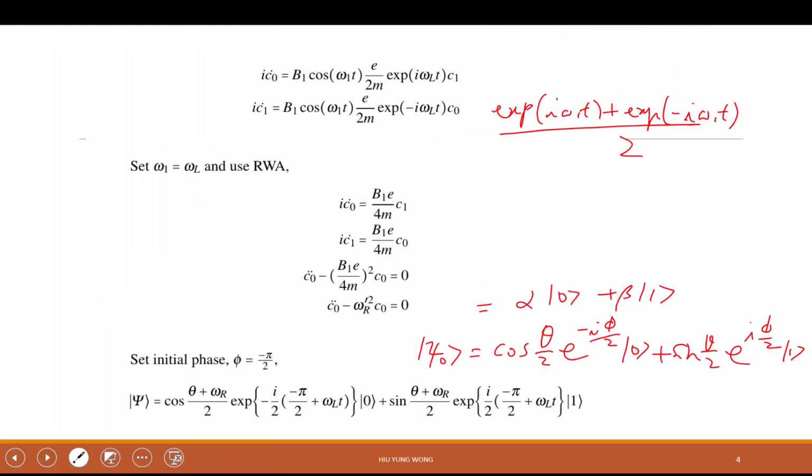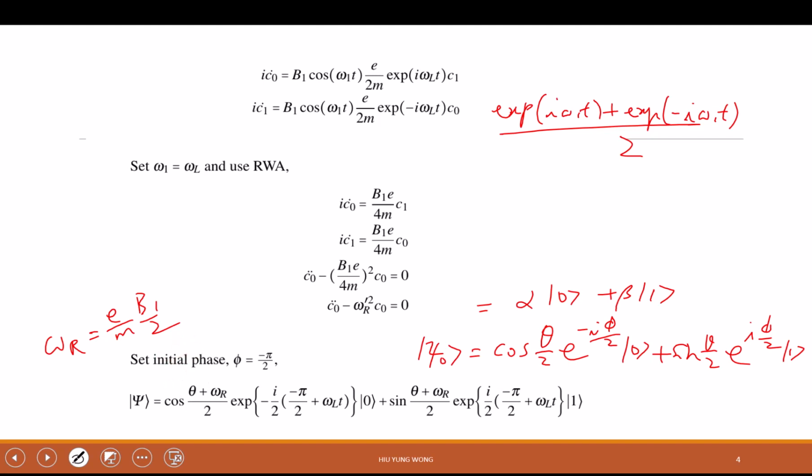Before, it is actually the omega R, I did not write here, if you remember, this omega R is equal to E divided by M, B1 divided by 2. It has a 2. We divide it by 2, right?